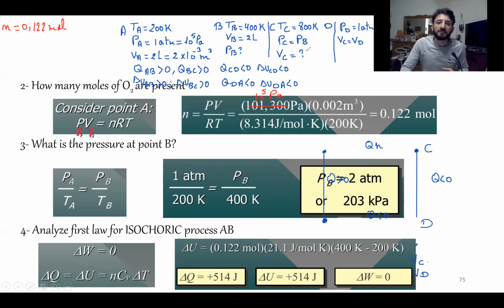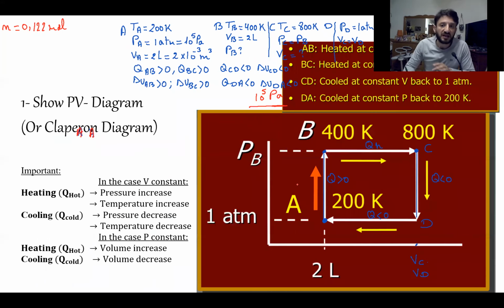Okay. Second point, what is the pressure at the point B? We have to find PB. If I find PB, you can get PC. PB equals PC. Here, if you come back to the PV diagram, if you want to find any one of the parameters of B, you can take B and A or B and C. You have to find 2 points to apply the relation between P and V, for example.